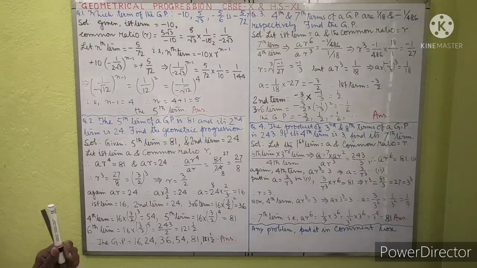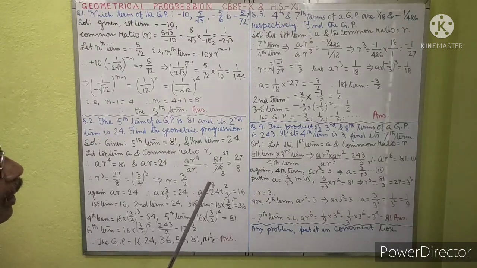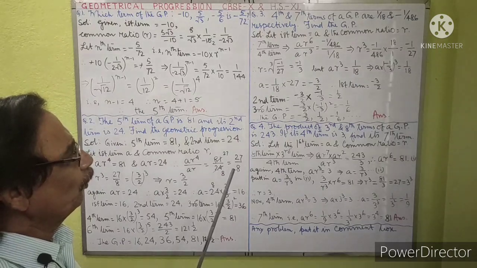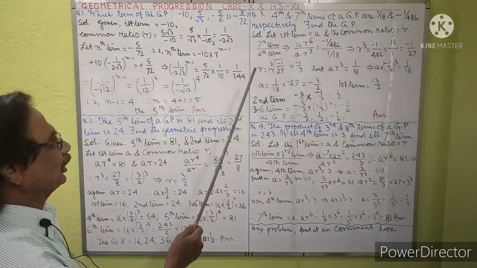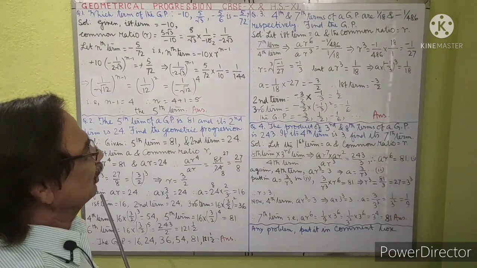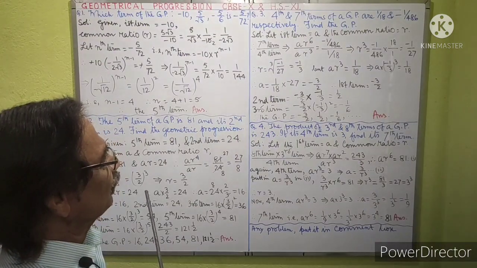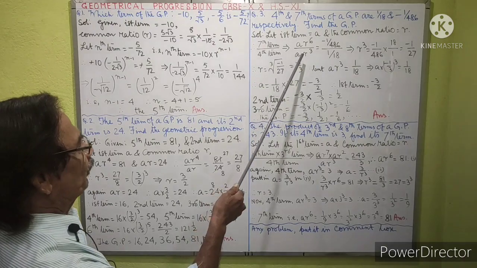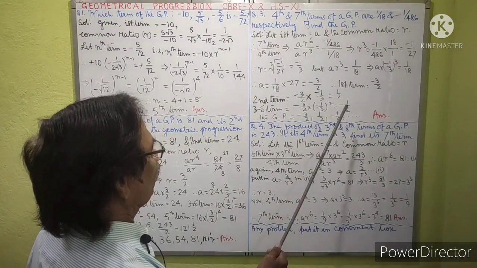Next, the third problem is given that the fourth and seventh terms of a GP are 1 by 8 and minus 1 by 486, the fourth term and seventh term respectively. Find the GP. The first term is A and the common ratio equals R. Therefore, dividing the seventh term by the fourth term, we are getting R cube equal to minus 1 by 27.